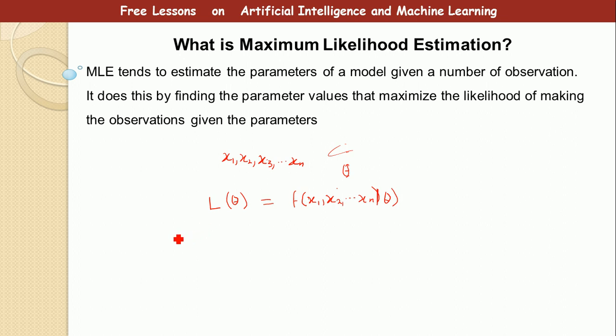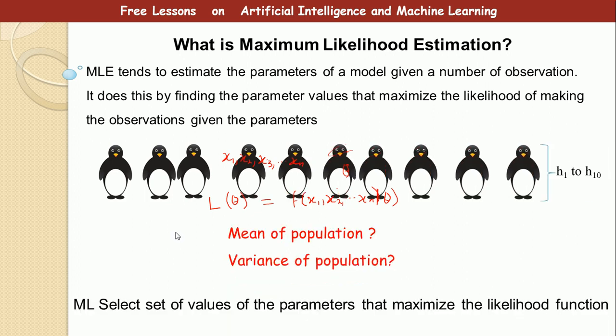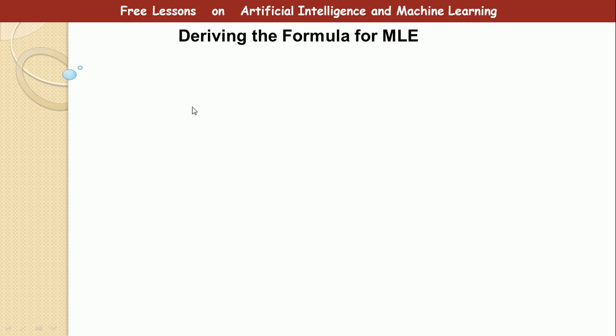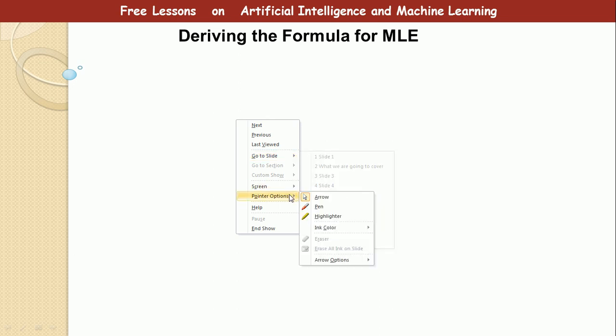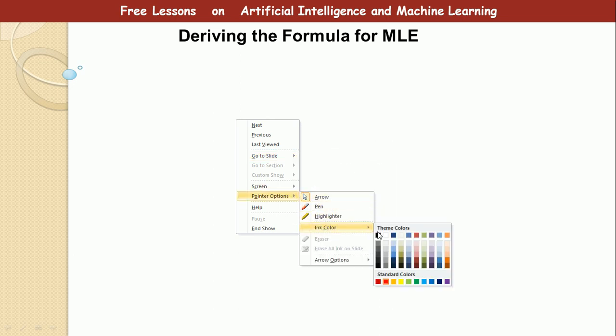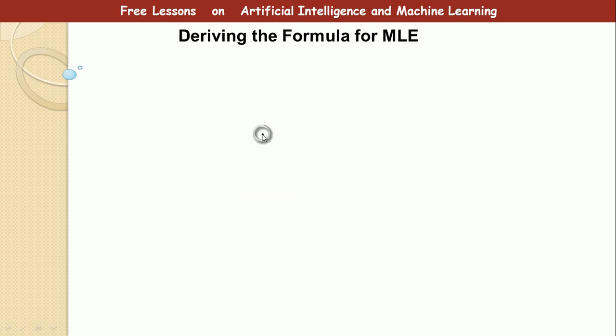Now I'll just get to the screen where we are going to try to derive this formula. Alright, so let's work on deriving this formula at this point. Let me use a black ink. So we have f of x1, x2, x3 all the way to xn.